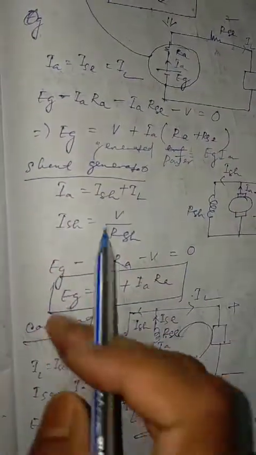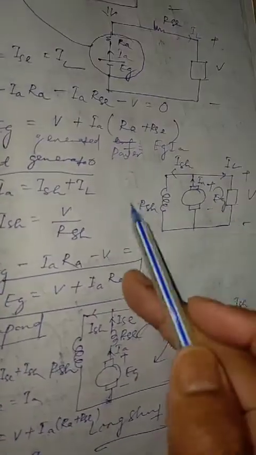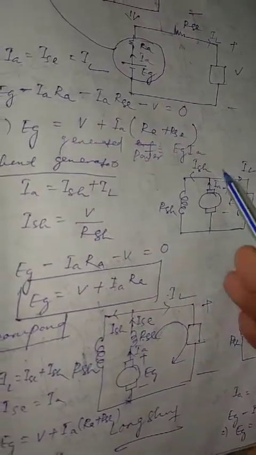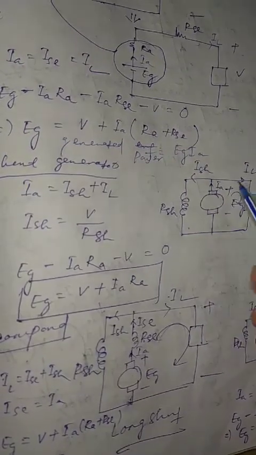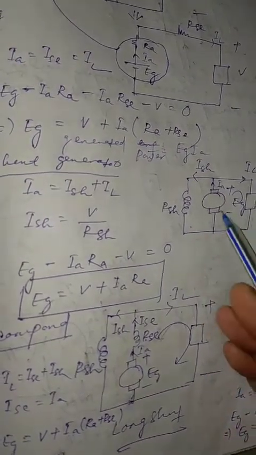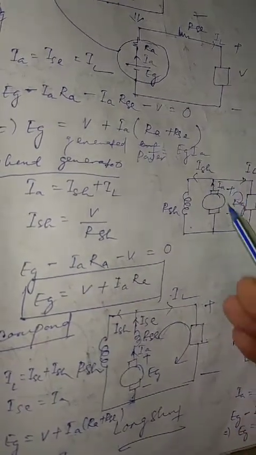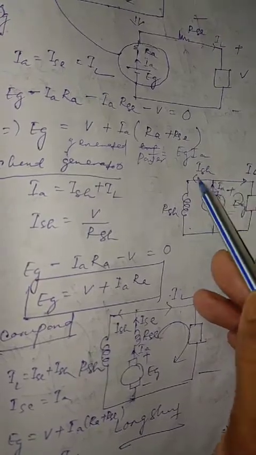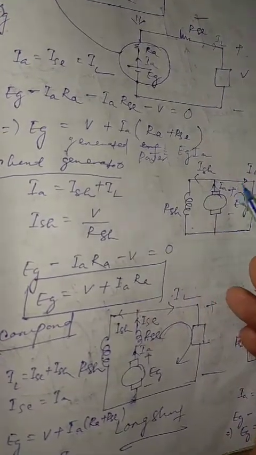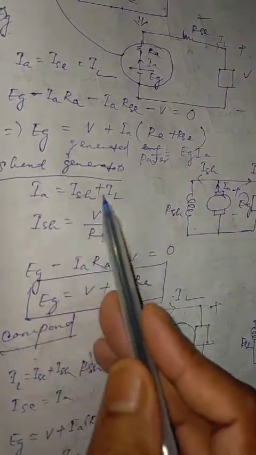Okay, next, the shunt generator. As I told you, in a shunt generator the armature is connected in parallel with the shunt field resistance, and the load is connected here. From this diagram, the armature current is distributed into two parts, one is ISH and one is IL. So I can write IA equals ISH plus IL.